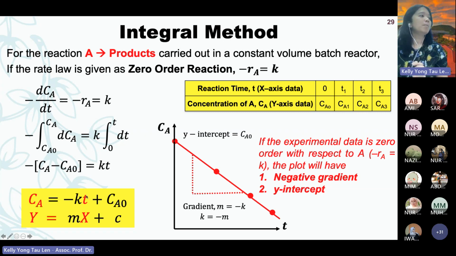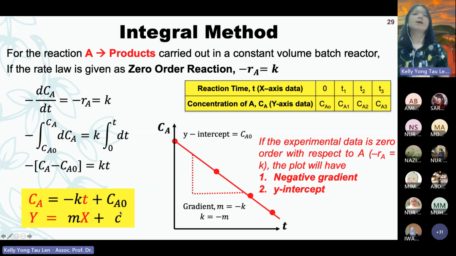Then naturally my t, the time, will be the data for my x-axis. Remember, if we want to plot a graph, it must be based on the data we have. Our experimental data are CA and time. So we fit the data we have with the equation we have developed. CA will be my y-axis, t will be my x-axis. Of course, naturally, your m, the gradient of the plot, will be your minus k, and your CA naught will be your y-intercept.